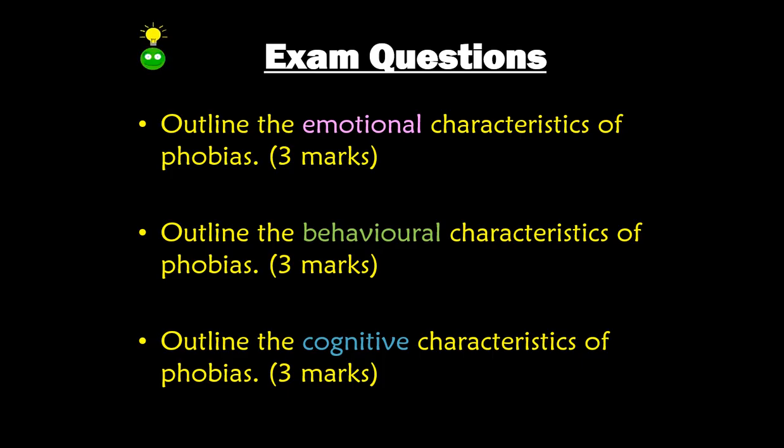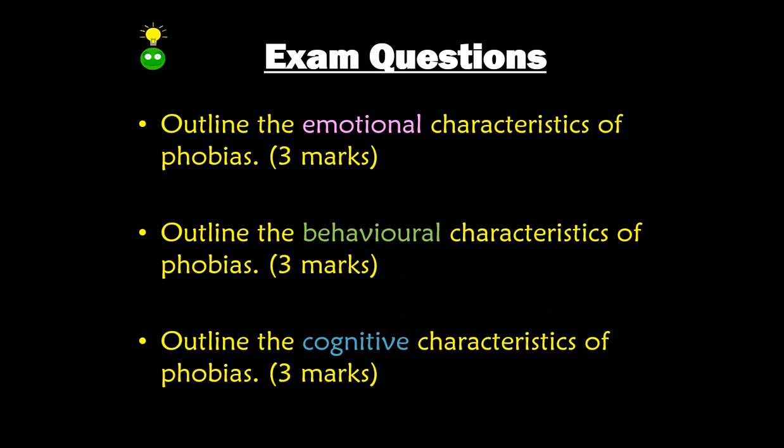There are three exam questions there. I apologise because I've just copied them across and they do say phobias, but they should say OCD. Please ensure that you are able to outline the emotional, behavioural and cognitive characteristics of OCD.